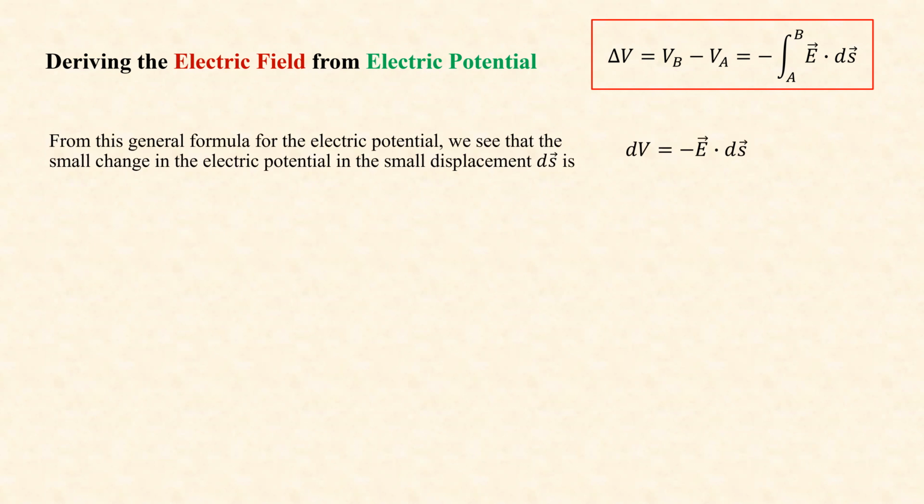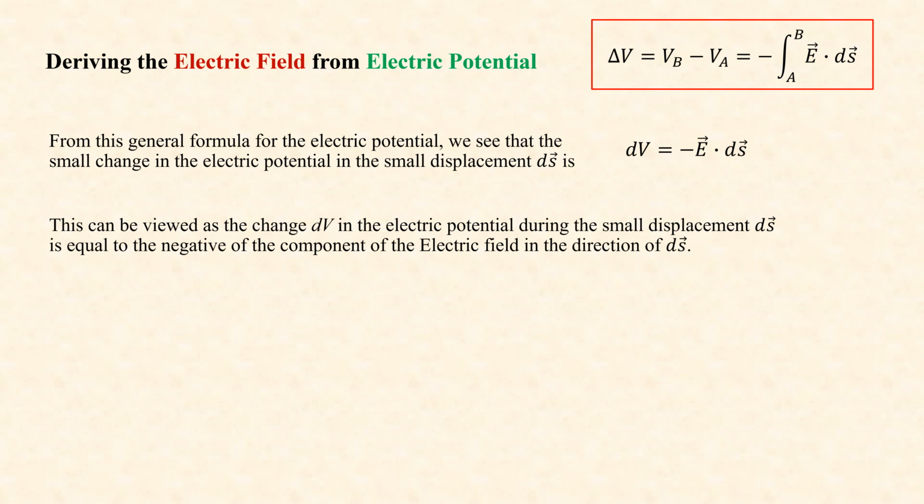And if you take a small step, for any small step, dV is negative E dot ds. So basically, we can say this delta V is the integral of dV. Therefore, dV is negative E dot ds. Means if you have an electric field, you make a small step, ds, in some direction, E dot ds becomes dV.